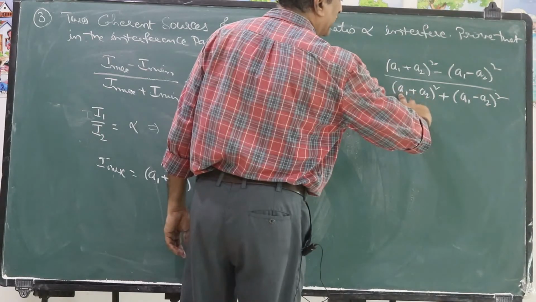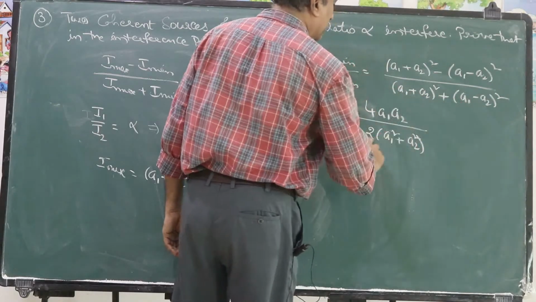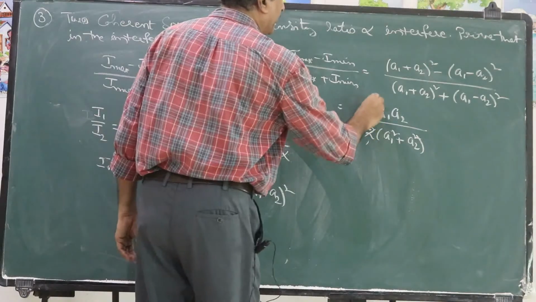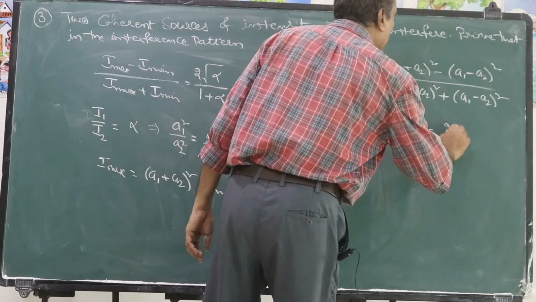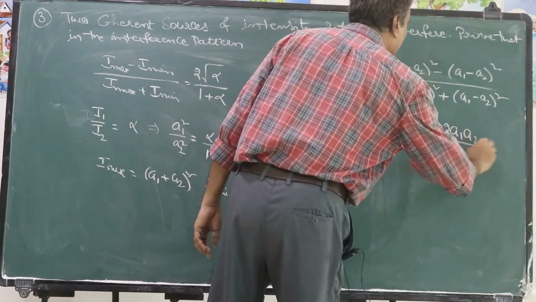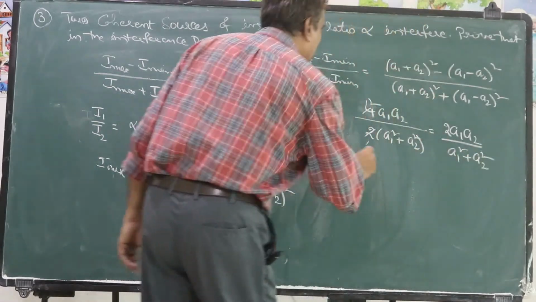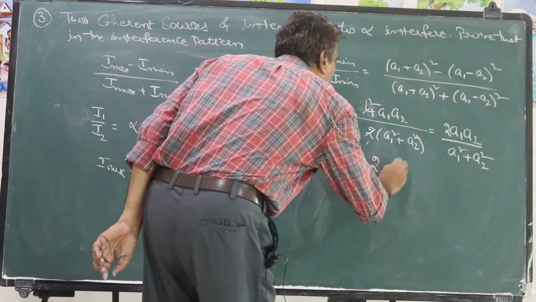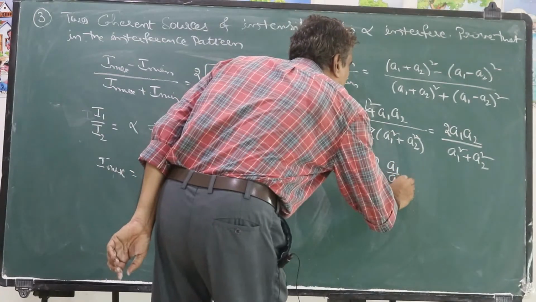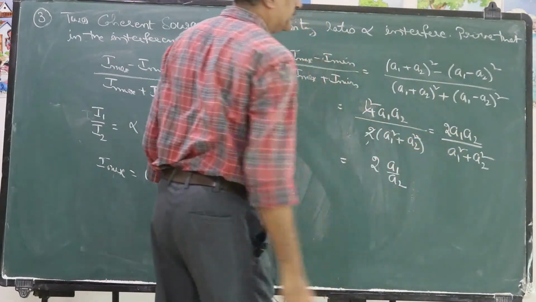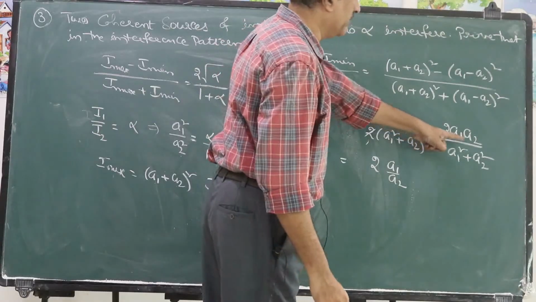So 2A1 square plus 2A2 square, so common we can write, that is 2 A1 A2 by A1 square plus A2 square. So this can be written as 2 A1 by A2, dividing numerator and denominator with A2 square.